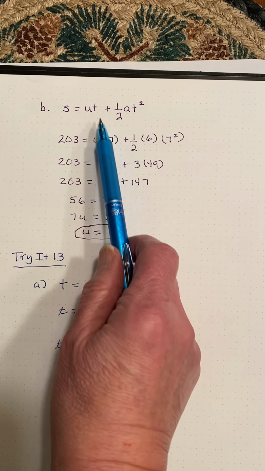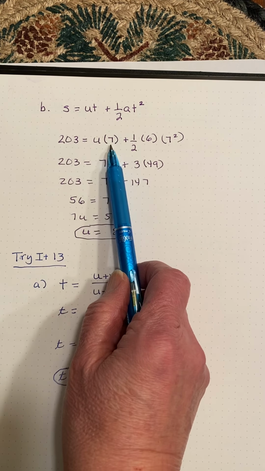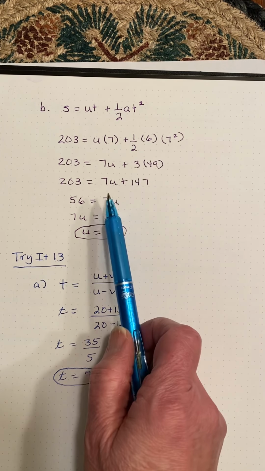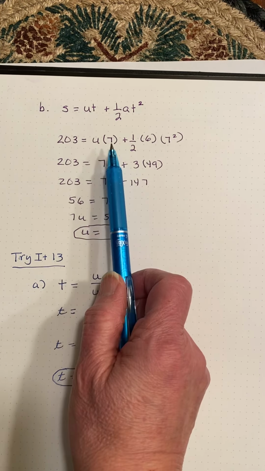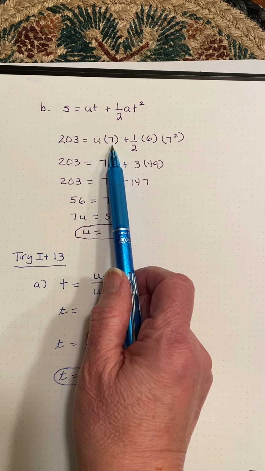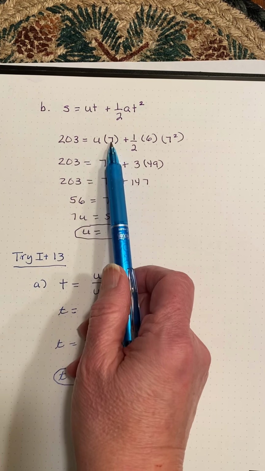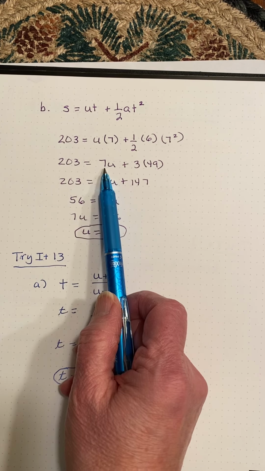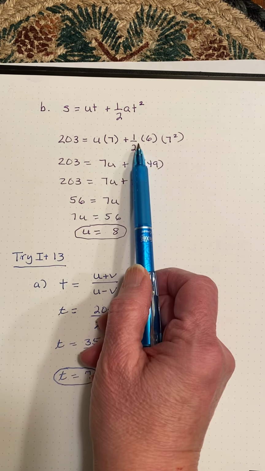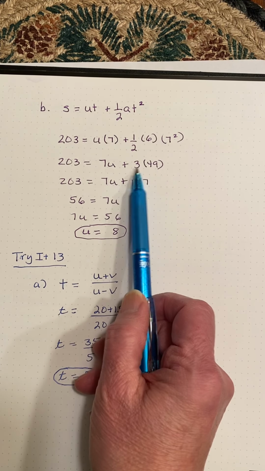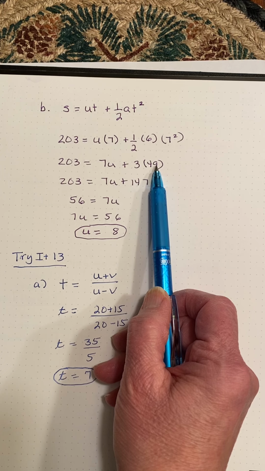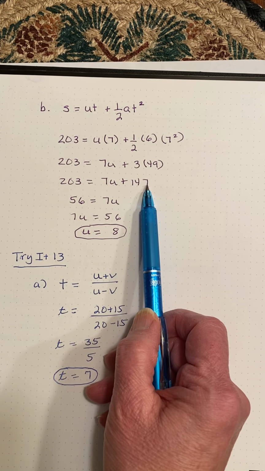So in the T position, UT would be U7, and at the end I have 7 squared, which of course is 49. Just to line things up nicer, I flipped my 7 and U, because U times 7 is really 7U. So I end up with 203 equals 7U plus, like I said before, half of 6 is 3, and 7 squared is 49, so 3 times 49 ends up being 147.